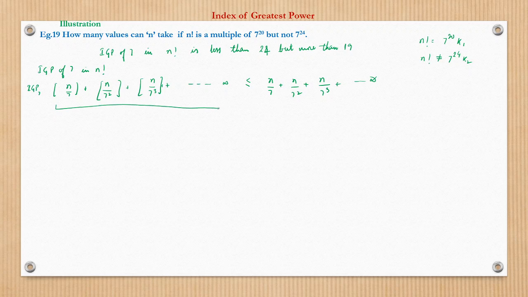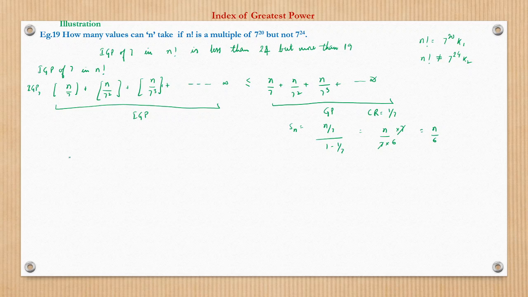Now this term is nothing but IGP, and this term is nothing but a GP series. So summation of the GP series would be first term upon 1 minus the common ratio, here the common ratio is 1 by 7, 1 minus 1 by 7, so it becomes n by 7 into 6 by 7, this is nothing but n by 6, right?